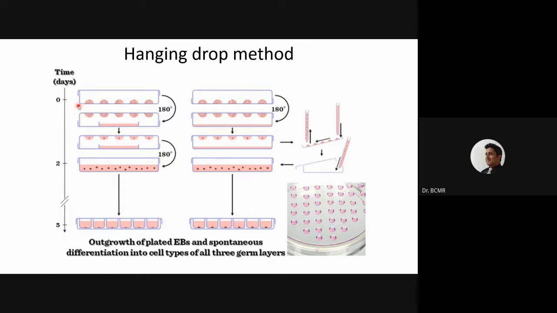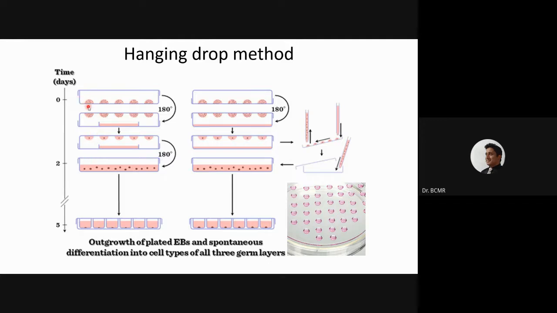Nowadays we have plates where some of them allow contact, some of them cannot. The point is, an embryo in general is to be something like a sphere. So if you keep it as a hanging drop, that is an ideal position for formation of a sphere.